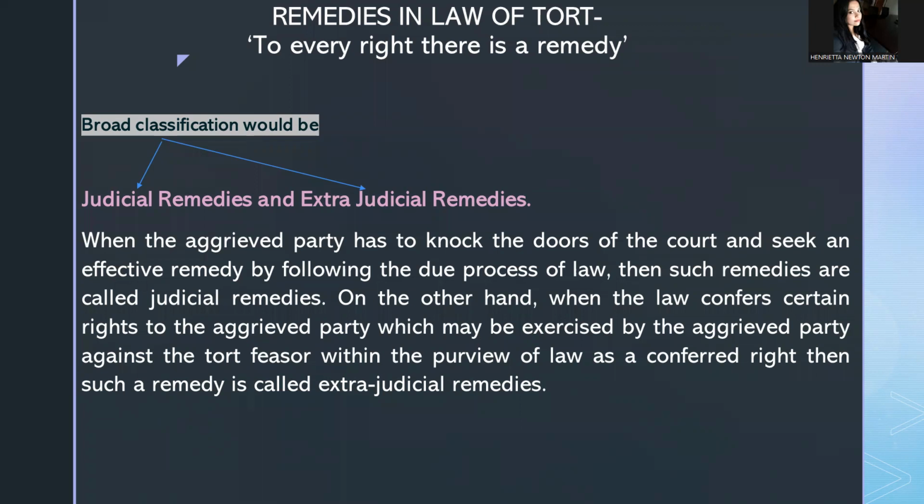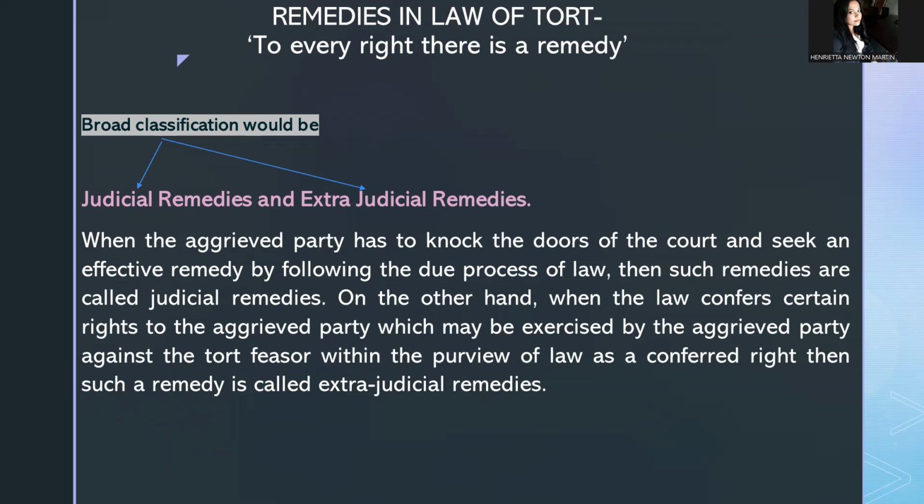So now A has got the right to block the cattle from going back to Mr. B, and hold back the cattle in his land or in his property, and tell B, see, you're the owner of the cattle, and so you will have to pay me for whatever damages are caused in my field.